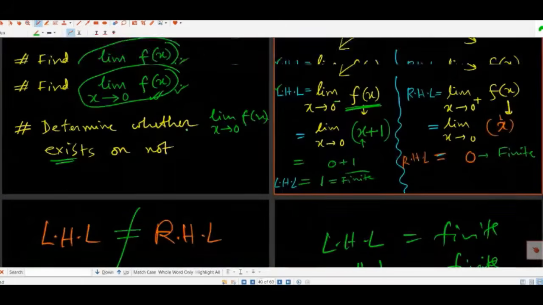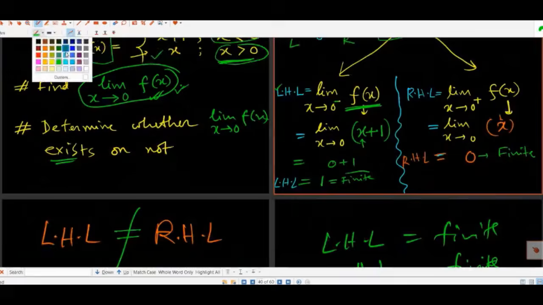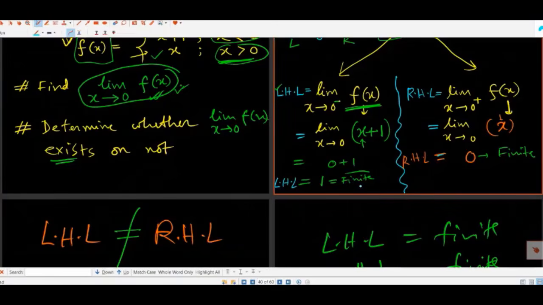Yes, sir. Since the left hand limit is finite and the right hand limit is finite, this is one-sided limit and this is another sided limit. So the left-sided limit exists, the right-sided limit exists, but the overall limit doesn't exist.